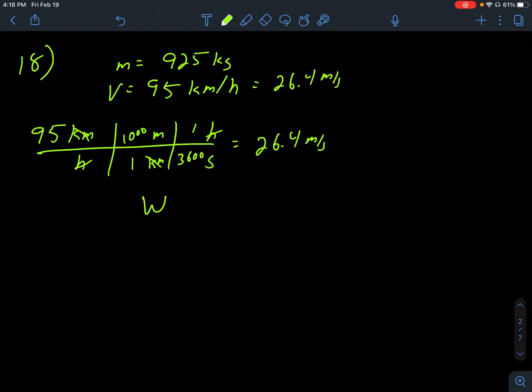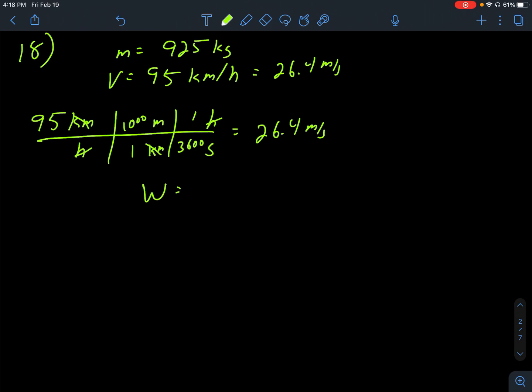So we're looking for work. And work, again, is force times distance, or force times displacement. And it also equals the change in energy. Here we're looking at how much work needs to be done to stop a car, right? It's moving, so we can calculate that initial kinetic energy and then subtract it from the final.